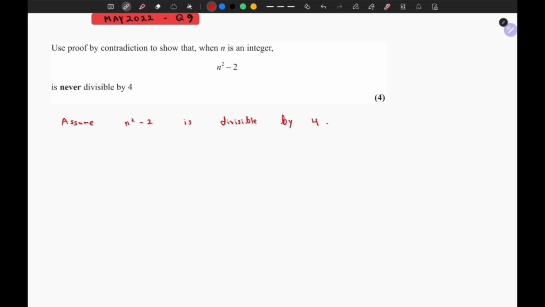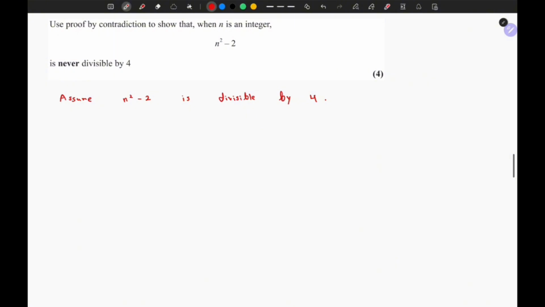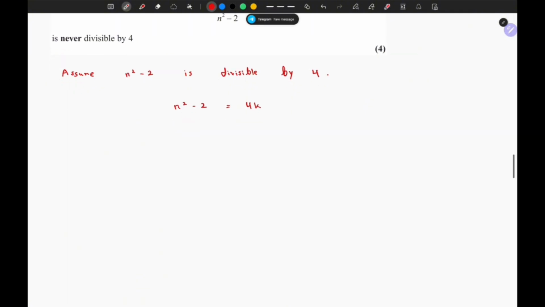Since this is divisible by 4, n squared minus 2 is a multiple of 4. So we can say that n squared minus 2 equals 4k, where k is a constant.